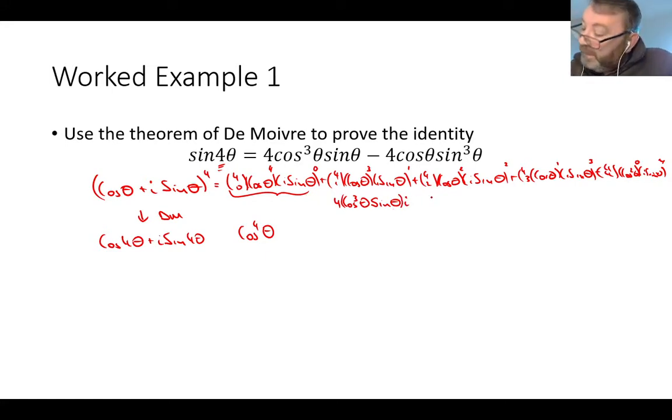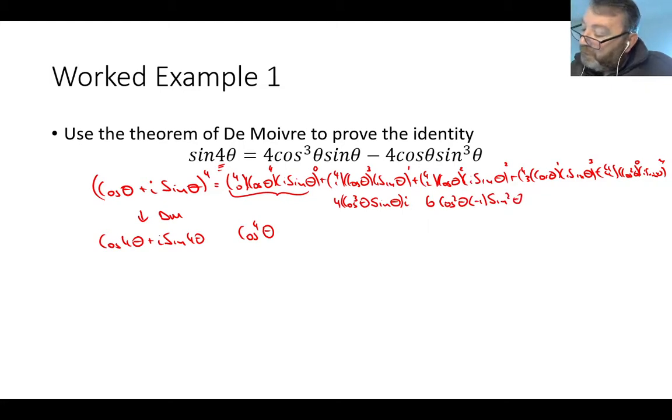All right. Next one, 4C2. Now, 4C2 is 6. Okay, so 4C2, if you want to see it this way, 4 shift division 2 equals, and it comes out as being 6. So don't take any chances in your head. 4C2 is 6 cos squared theta. Now be careful, because i squared is minus 1, and then you've got sine squared theta in there.